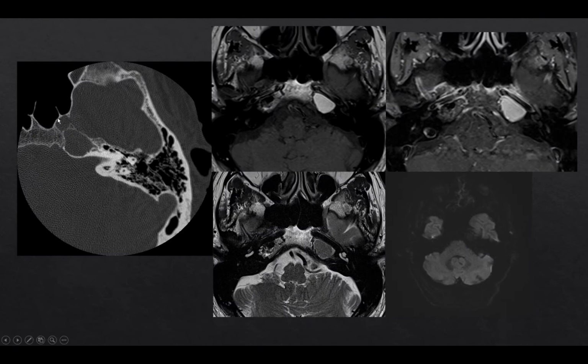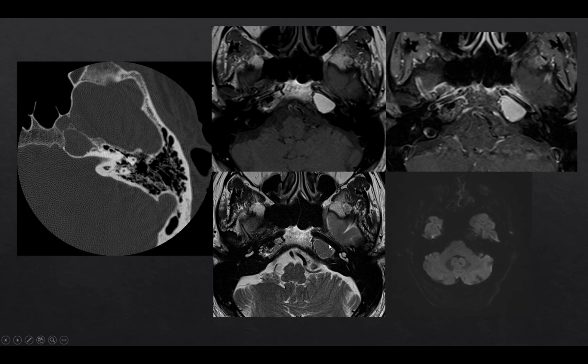In contradistinction to that, we have an expansile lesion of bone involving the left Petrous apex seen on CT. This will require an MRI for further characterization, which was done, and we see hyperintensity on the T1 weighted sequence, which does not suppress on fat suppression and does not demonstrate post-contrast enhancement because of its intrinsic T1 shortening.